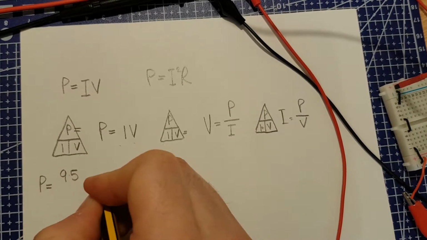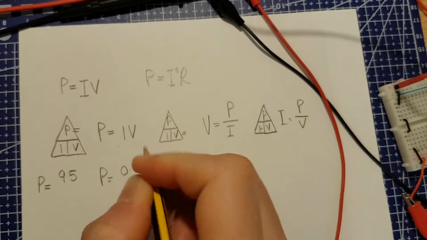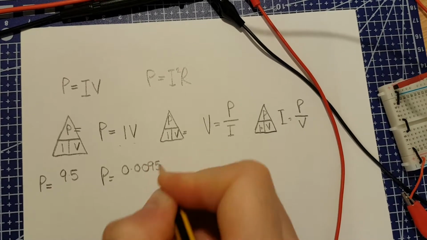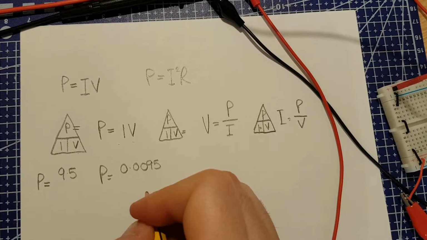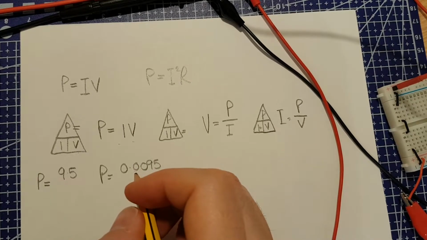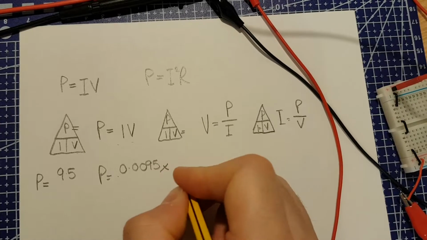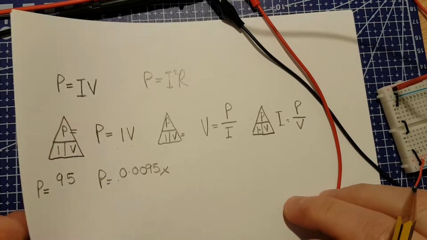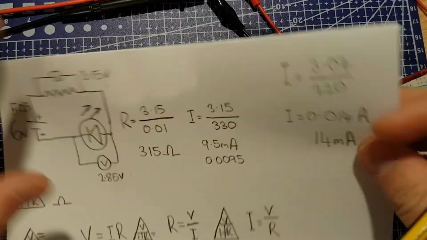So P equals 0.0095, that's 9.5 milliamps, times our voltage, which if we go back to our original, you'll remember was 3.15 volts.